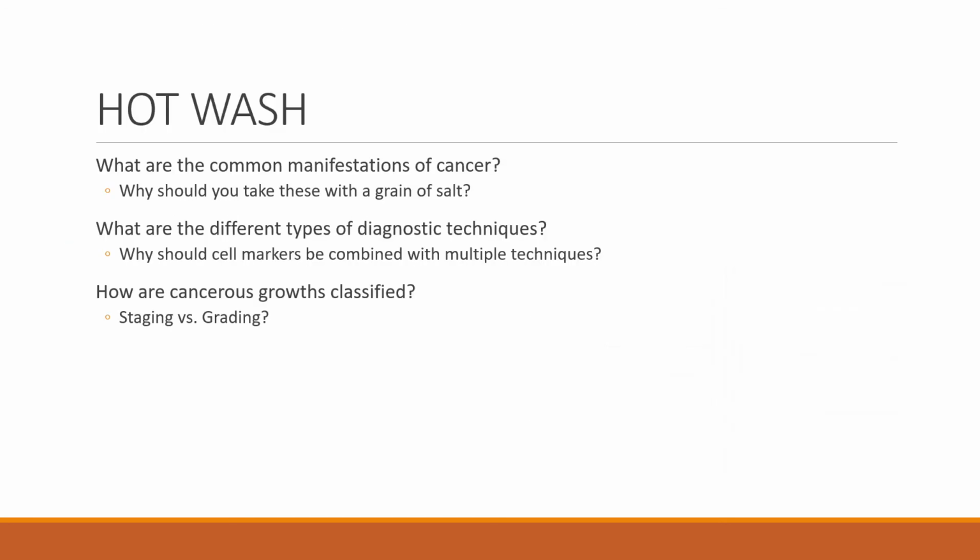All right, so here we are at the conclusion of the presentation. Next up is cancer treatment, but here is the hot wash for the diagnosis and manifestations. You should now be familiar with the common manifestations of cancer. You should be aware of why these should be taken with a grain of salt, but how they could indicate something more serious.